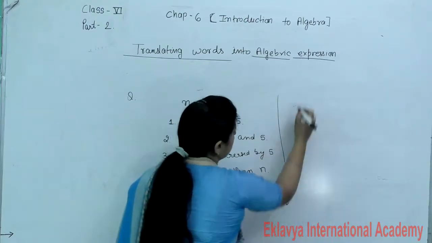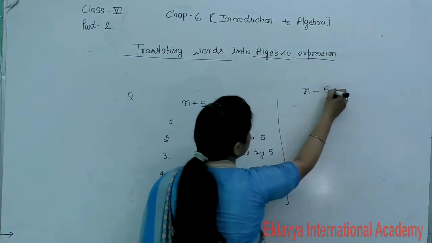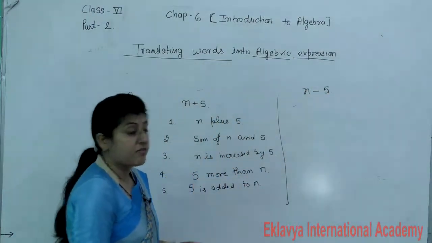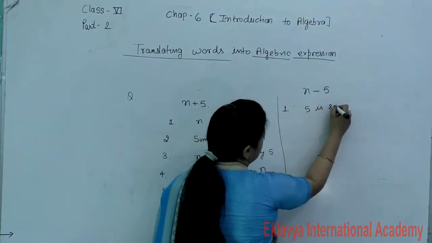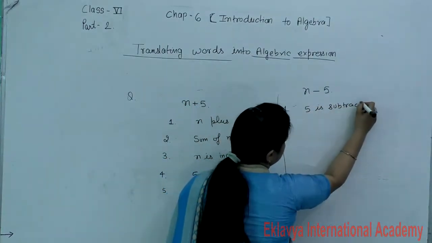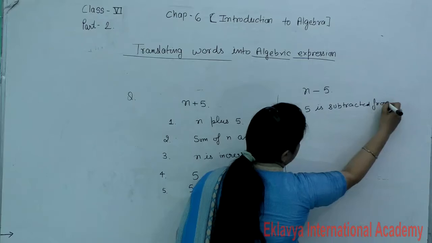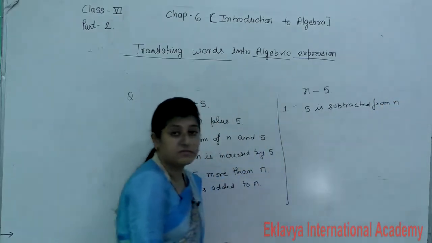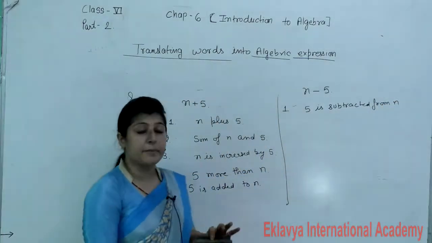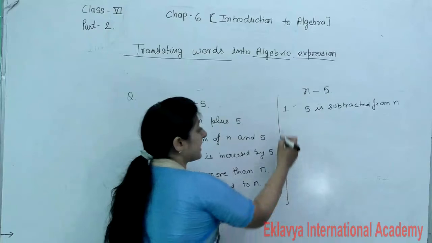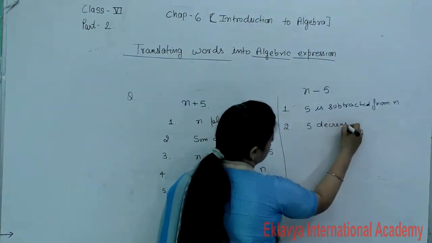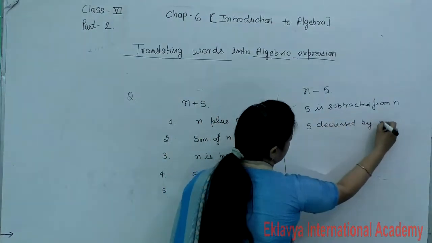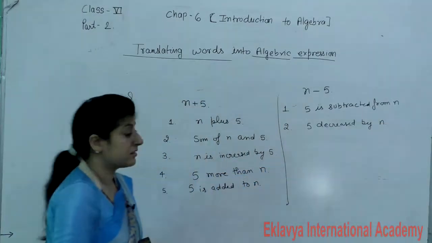Suppose I write down n minus 5. Firstly, 5 is subtracted from n. Second, 5 decreased by n.